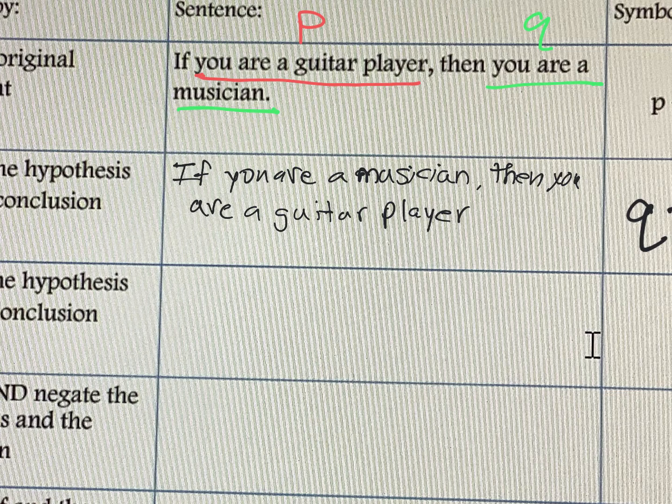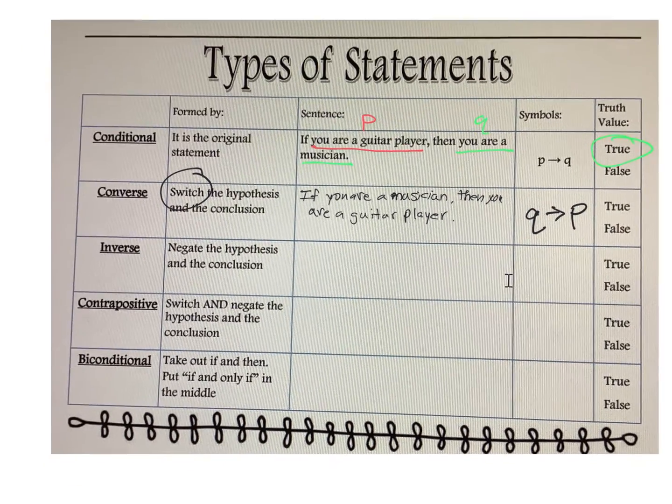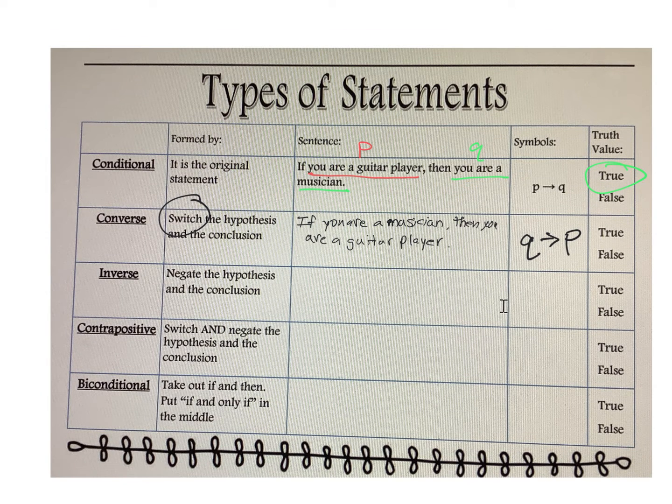So let's talk about the truth value of this. So if you're a musician, then you're a guitar player. That means every single person that is a musician plays guitar. Is that true or false? That is a false statement.